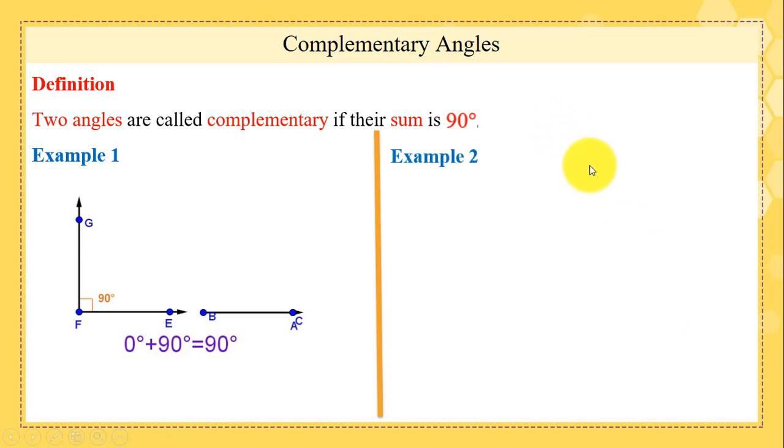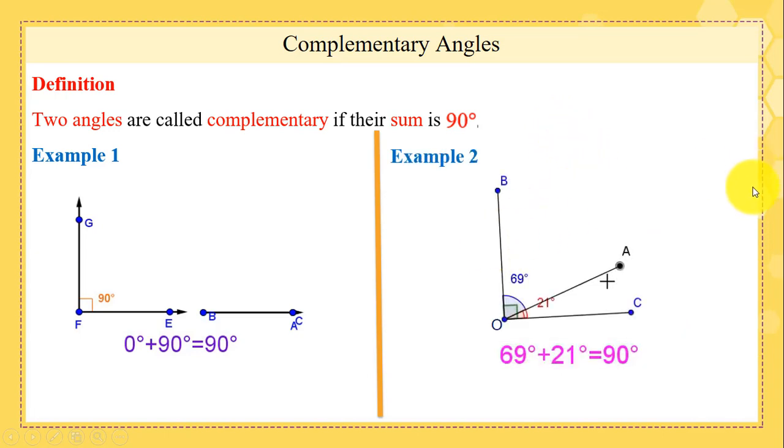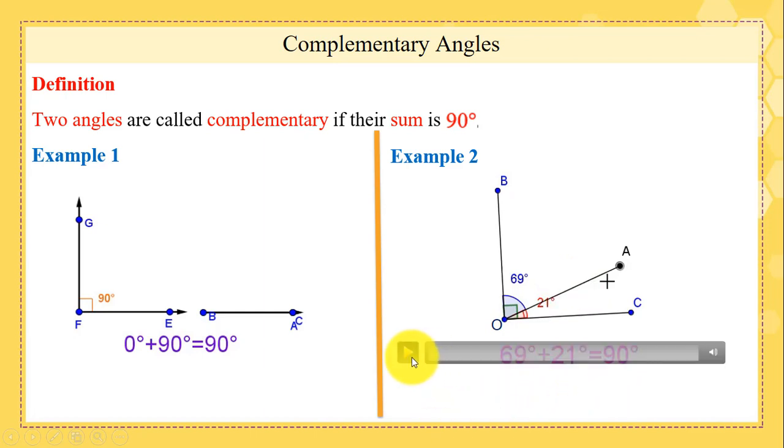Example number 2. Here we have AOB and AOC. AOB and AOC are two adjacent complementary angles since they have the same vertex, a common side, and the common side is between the other two angles, and they are complementary since their sum is 90.